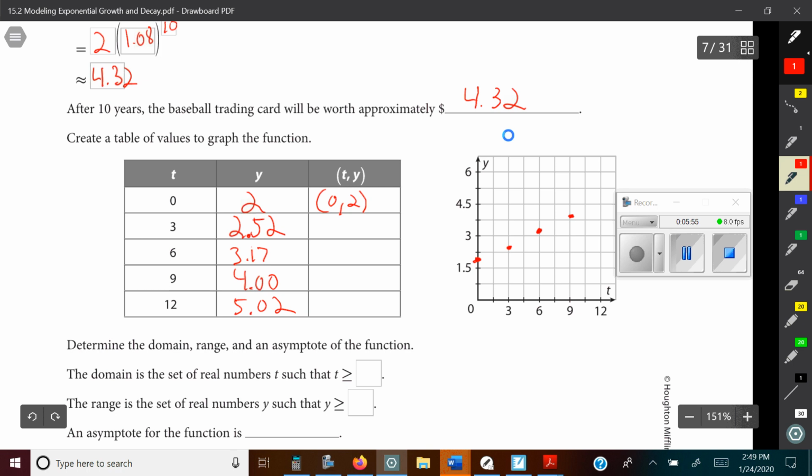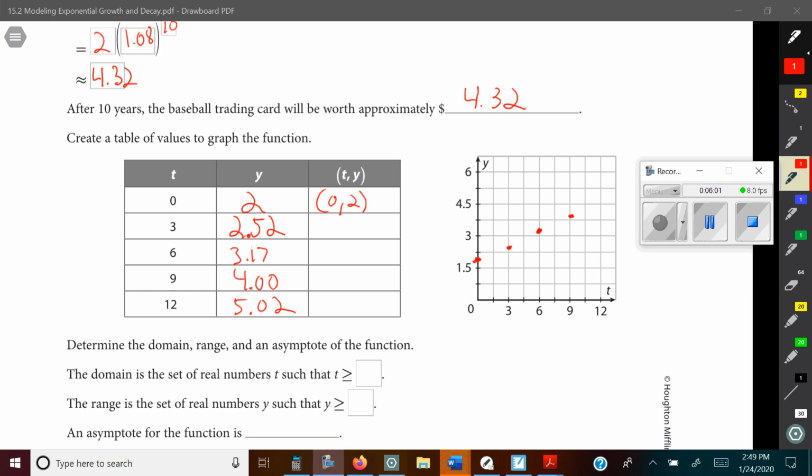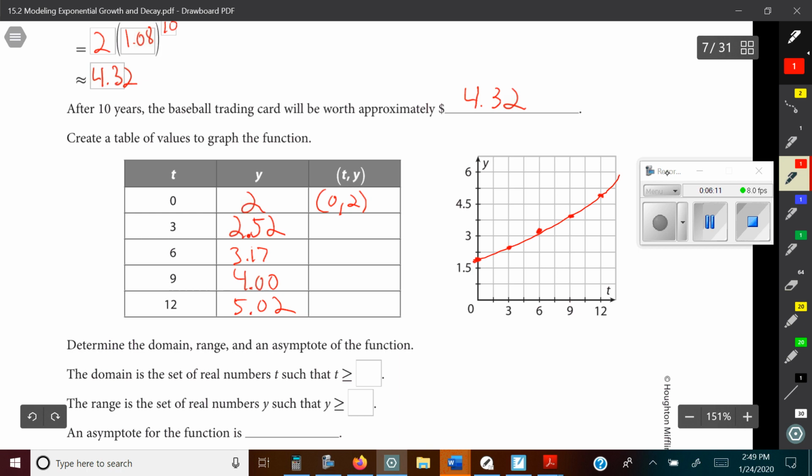And 12 is 5.04, right in here. So this is giving us our exponential function.